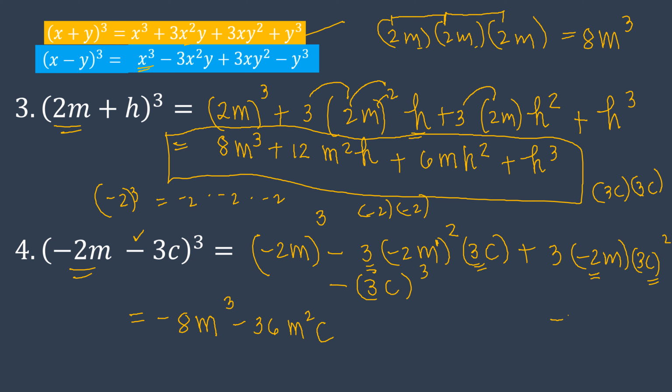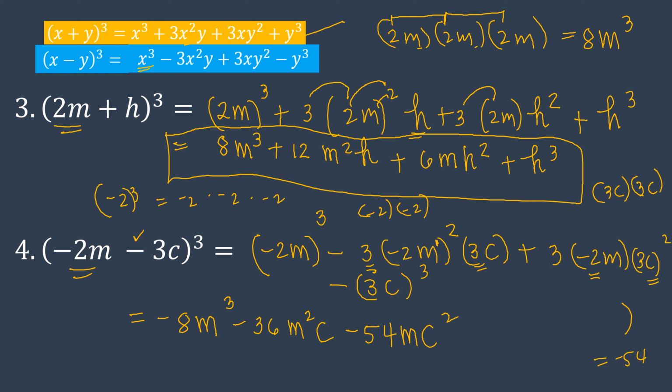Where did we get the negative 18? 3 squared is 9 times negative 2 is negative 18 times 3. And this will give us negative 54. So this is negative 54, the m, the c to the power of 2.